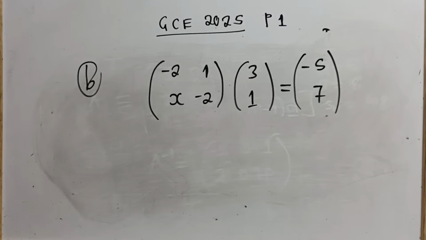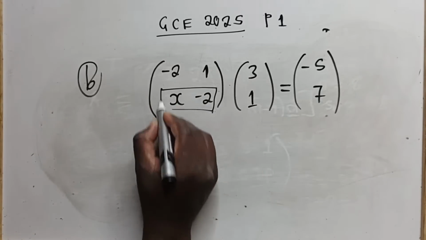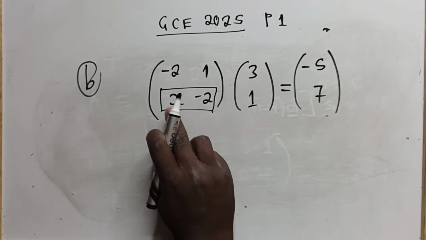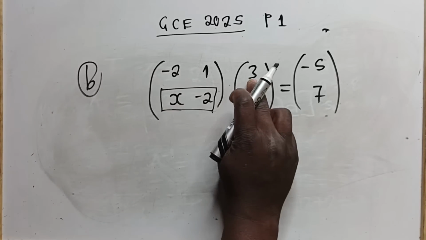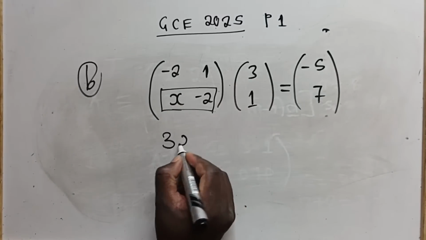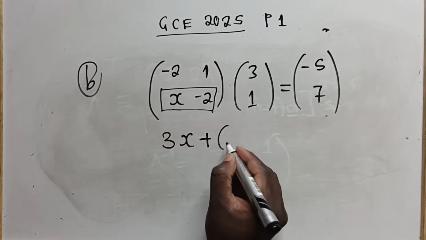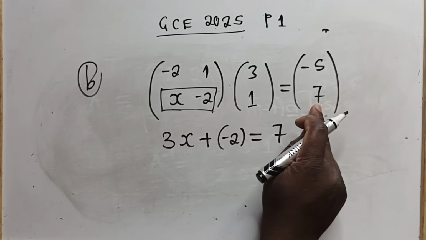So to solve for x here, you are simply going to get this row multiplied by this column. So this will be x times 3. It's 3x plus negative 2 times 1. It's negative 2. And say equal to 7, the number which is down here.